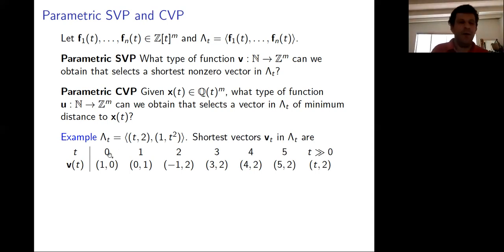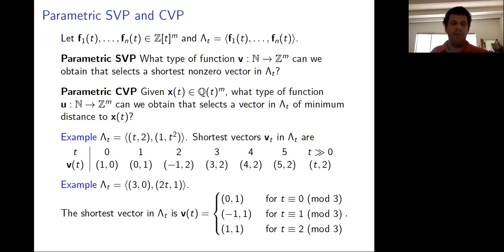If t equals 2, you can try this yourself: you can get the vector (-1, 2), and nothing shorter. If t is large, then the vector (1, t^2) is going to be long, and any combination that uses it is going to be long. So in fact, for t at least 3, a shortest vector is just the other basis vector, (t, 2). So the answer is polynomial, but only eventually, for t very large.